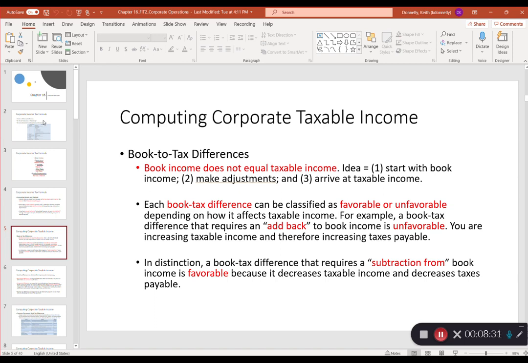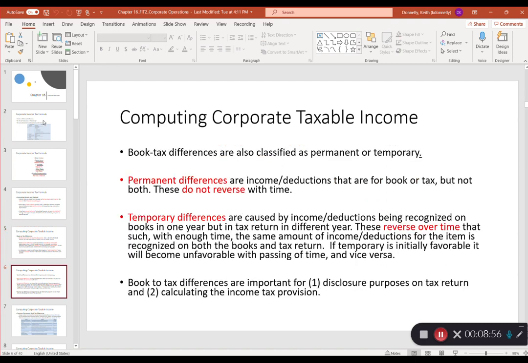When you add that back, it's going to increase your taxable income and therefore it will be unfavorable. In distinction, if we have a subtraction from book income, this is going to be favorable. You reported income on the books that you don't have to report on the tax return. So that's a good thing. It decreases our taxable income.